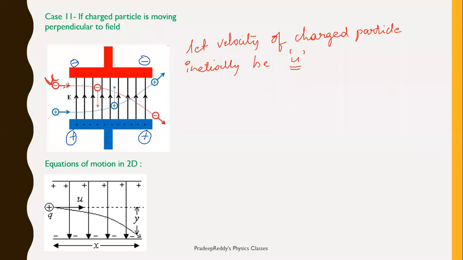Now, because of the force experienced in the downward direction, the particle takes the path of the red ink, comes out from here, and finally its velocity is v.